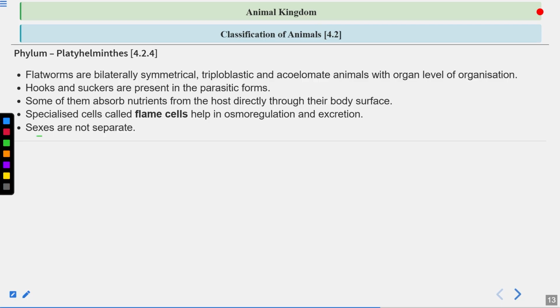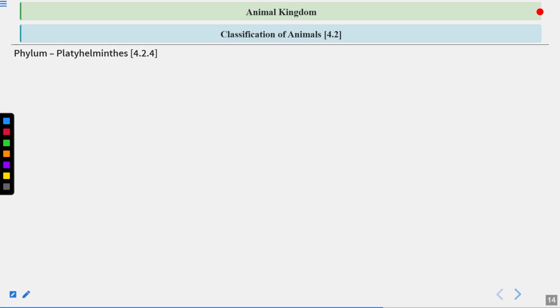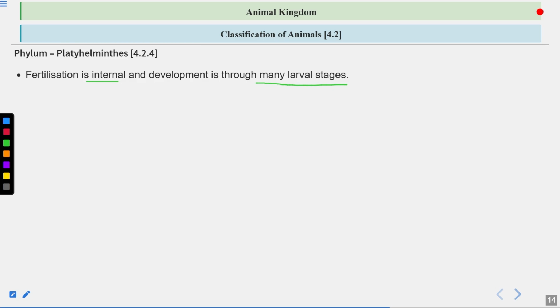Sexes are not separate. So they are also hermaphrodites. Fertilization is internal and the development is through many larval stages. Hermaphrodite means the male reproductive organ and the female reproductive organ are both found in the same individual.